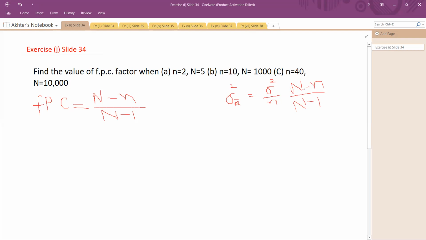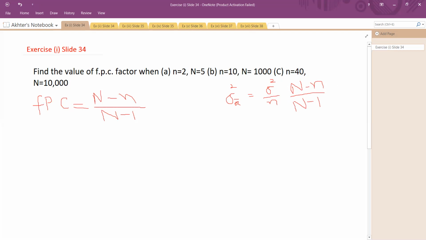If we take this factor, which is FPC, it will be 1 whenever the sampling was done with replacement. If the sampling was done without replacement, then this factor exists.